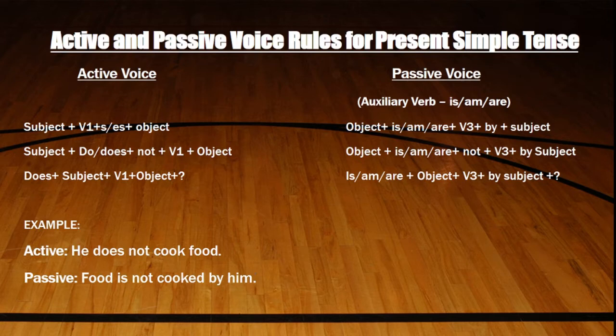Whenever you want to make sure that you are doing the passive voice, understand that you have to ask who, right? You have to ask yourself, who did this? And the answer would be whoever did it.